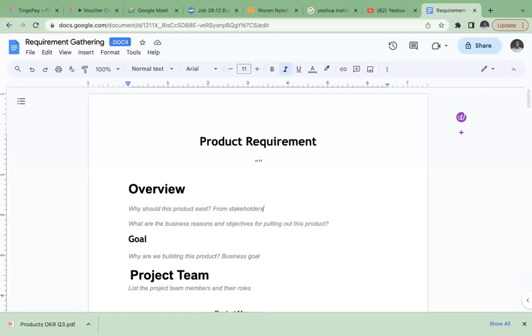A requirement gathering document. You gather information around the product you want to develop. It's very important. You can't start a product without gathering requirements, so that you would not build something that your stakeholders do not want.